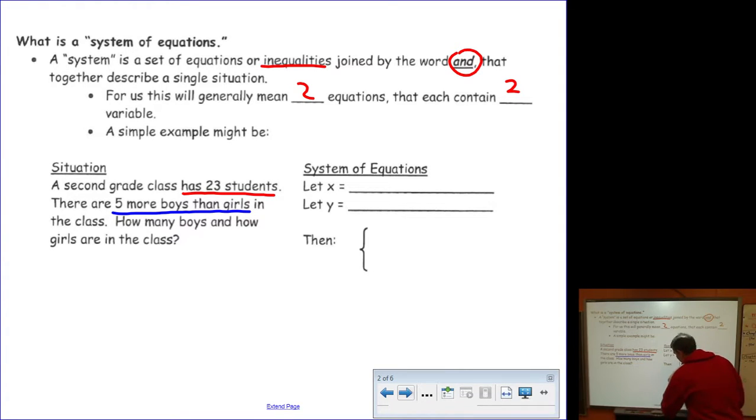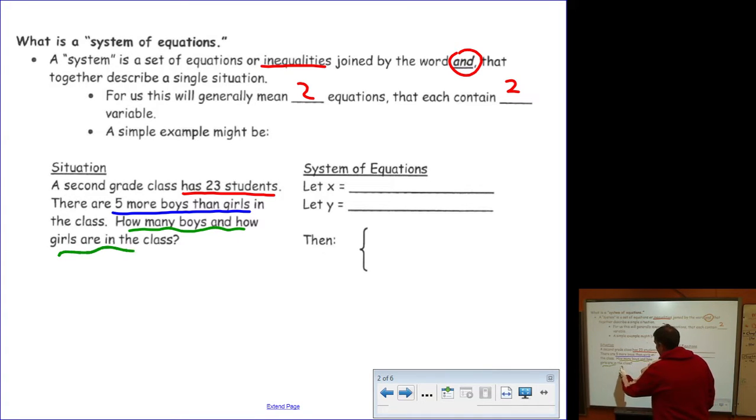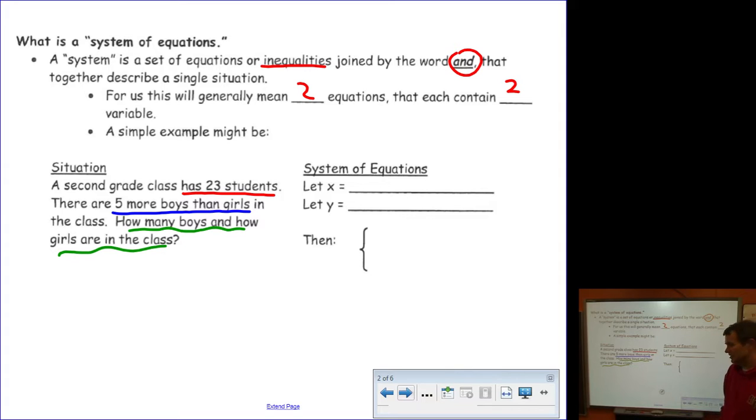And, like we did back in Chapter 2 when we set up variables to represent stuff, in general, the variables need to represent the answer to the question. So the question is, how many boys and how many girls are in the class? I'm going to have x be the number of boys in class, and we'll have y be the number of girls in class.